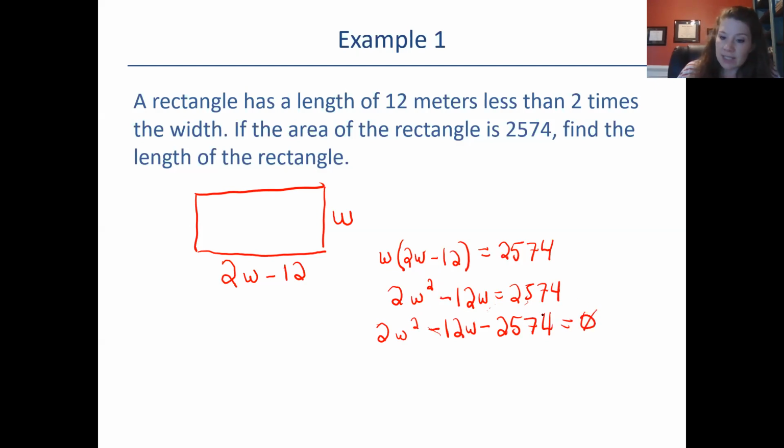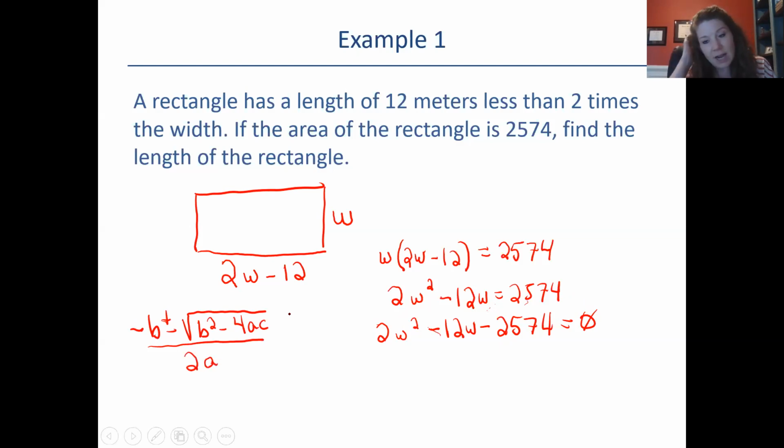Since this is a quadratic equation, we're going to use the quadratic formula, which is the opposite of b plus or minus the square root of b squared minus 4ac all over 2a.